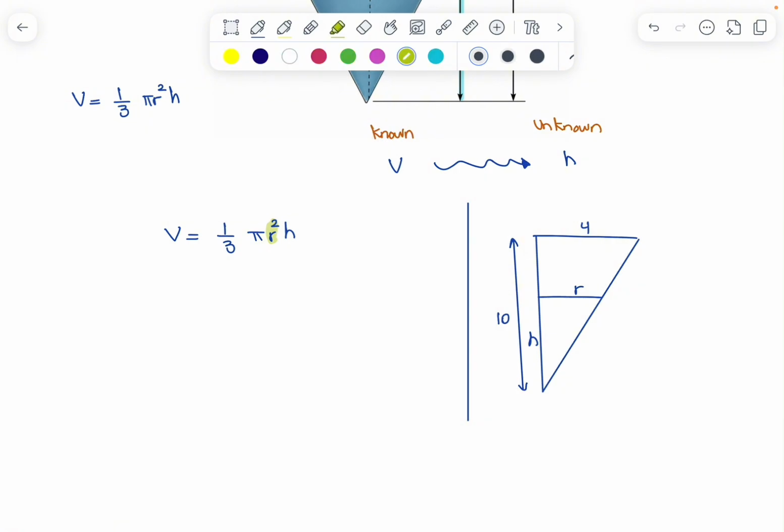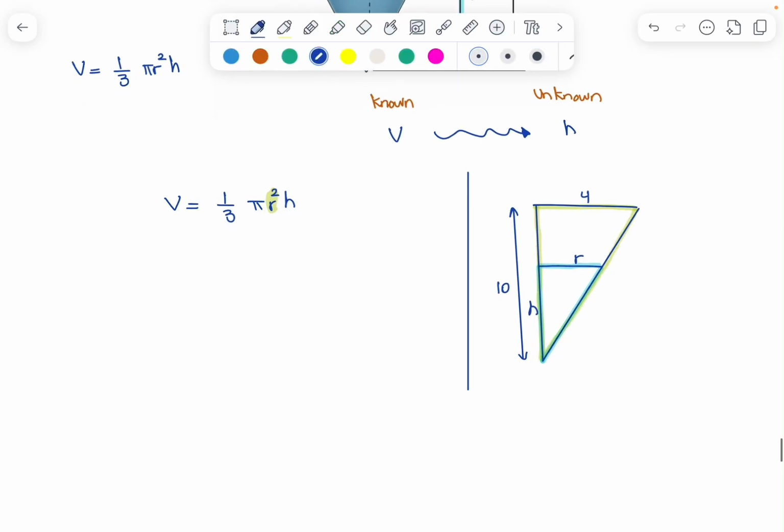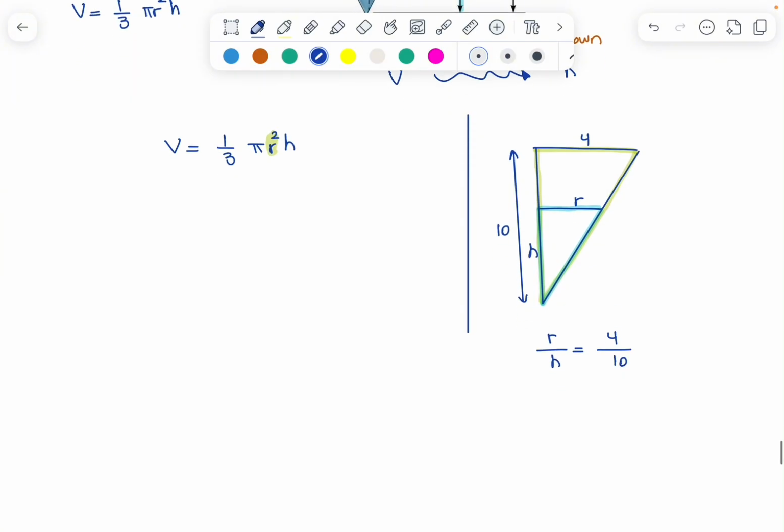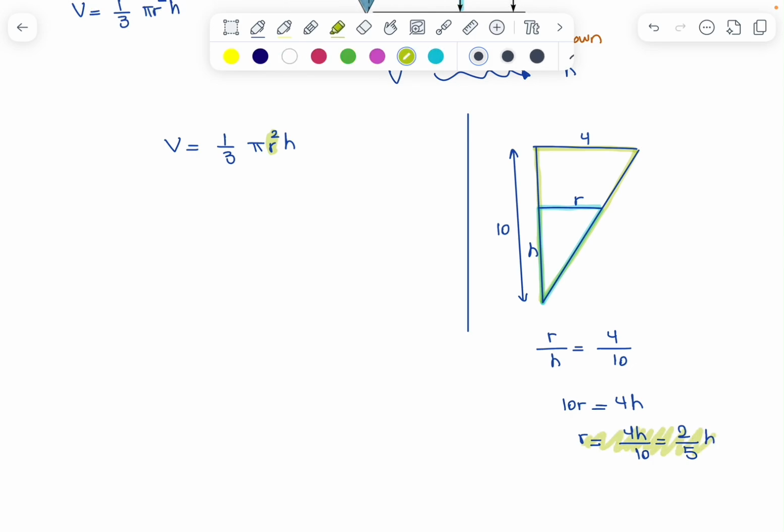As you can see, you have two similar triangles, this one and this one. By using the property of similar triangles, we know r divided by h would be 4 divided by 10. Therefore, 10r would be 4h, so r would be 4h divided by 10, which is 2/5 times h. Therefore, we could find r in terms of h.